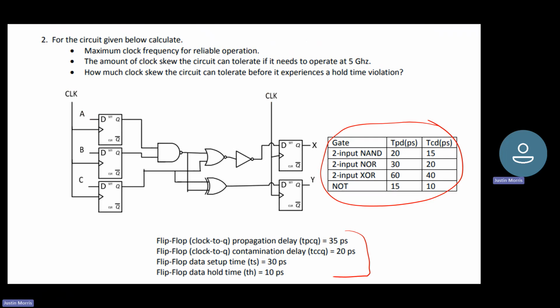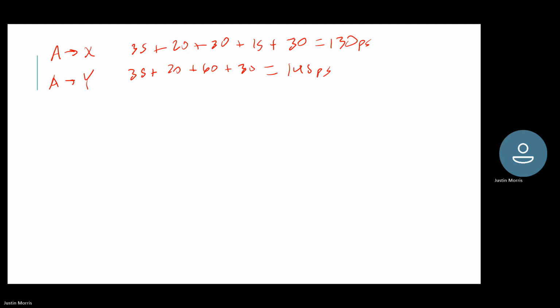And then B to X is the same as A to X, right? So B to X, it's just 130.